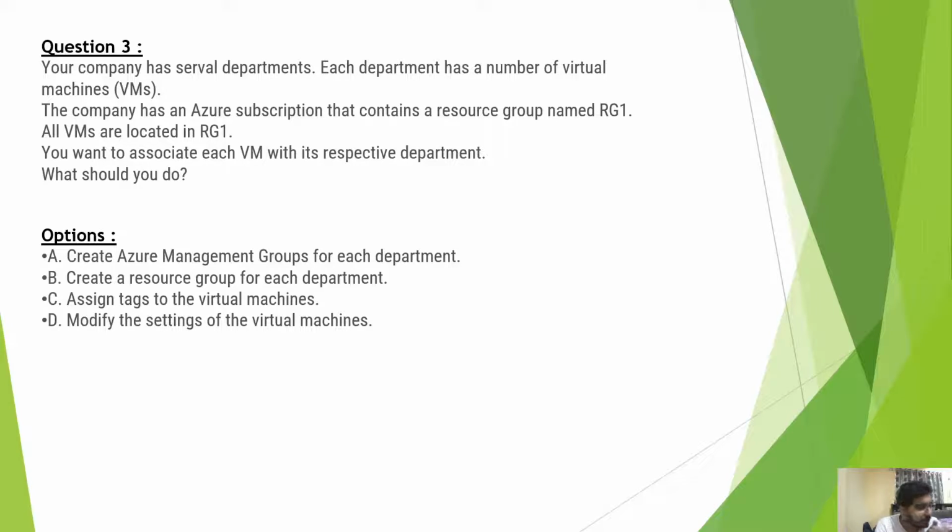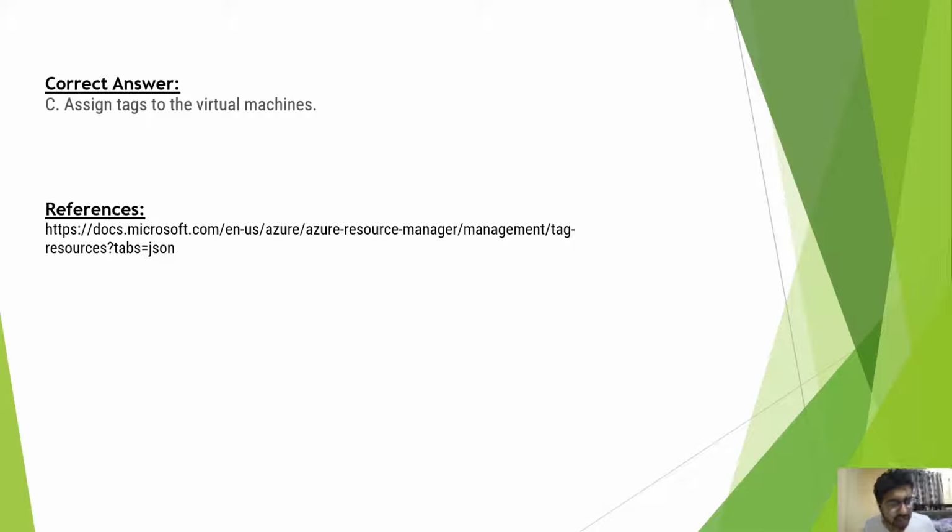Another option could have been one management group, one subscription, but separate resource groups per department. But in this case, since we already have a subscription and a resource group, the easiest way is to assign tags to the virtual machines. So this is the correct answer: assigning tags to the virtual machines.